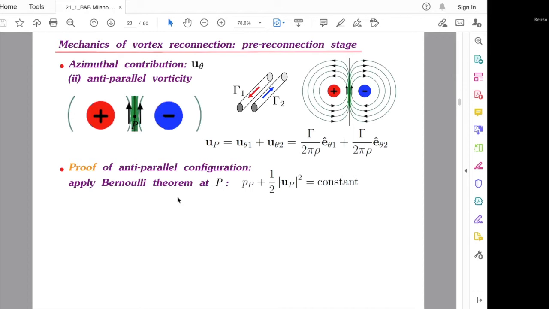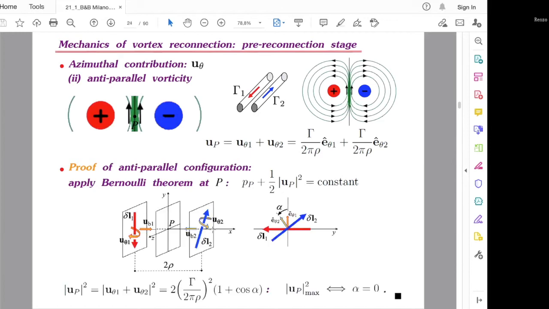How? Well, we apply Bernoulli's theorem on this point P, and Bernoulli's theorem says that the pressure at the point P plus the contribution of kinetic energy density is a constant at that point.